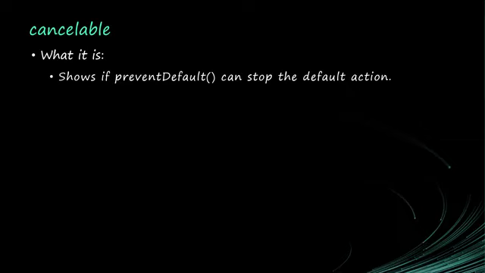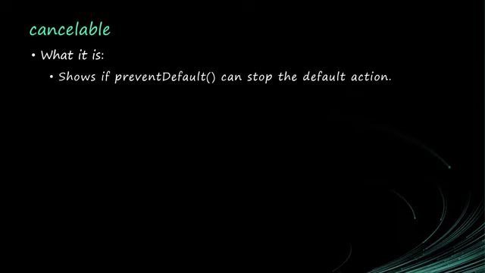The default behavior of an anchor tag is to take you to another web page. The default behavior of a form element is to submit the form. The default behavior of so many of them. So the thing is this: if you call event.preventDefault, the default behavior will be stopped.